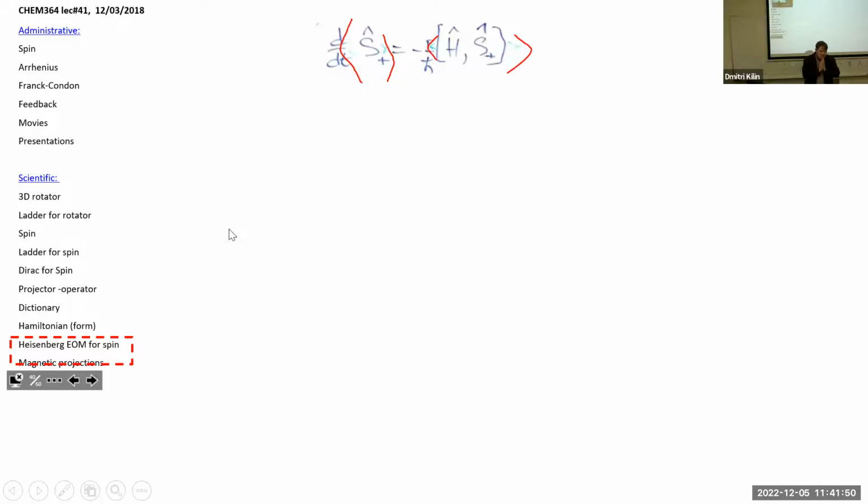So we do need the equation of motion for magnetic projections, Sx and Sy. Right? You have this equatorial motion. The expectation values of Sx and Sy can be obtained by adding and subtracting expectation values of S plus and S minus, right?